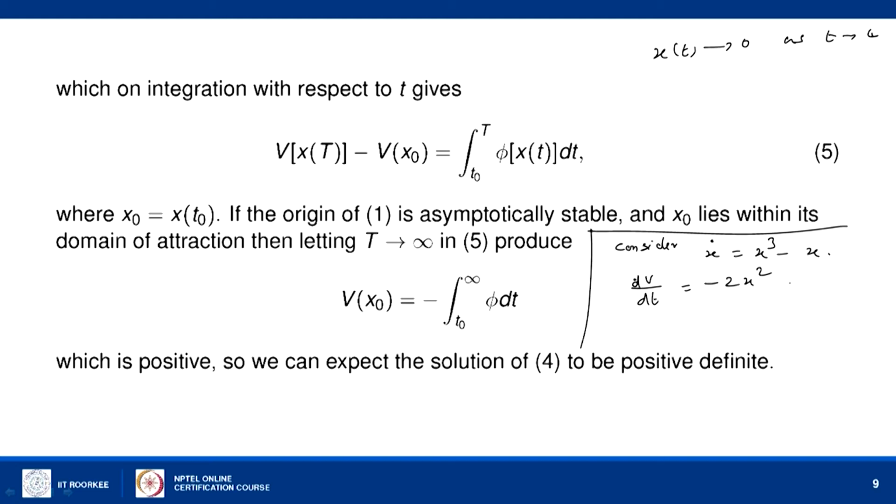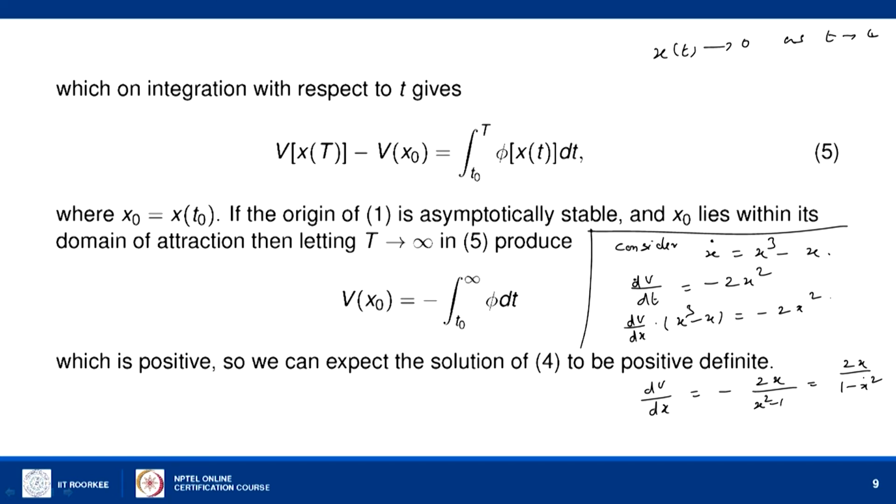Now, if you solve this equation, it can be written as dV by dx and dx by dt, that is, dV by dx times (x cube minus x) equals minus 2x square. So this implies dV by dx is equal to minus 2x by (x square minus 1), or 2x by (1 minus x square).